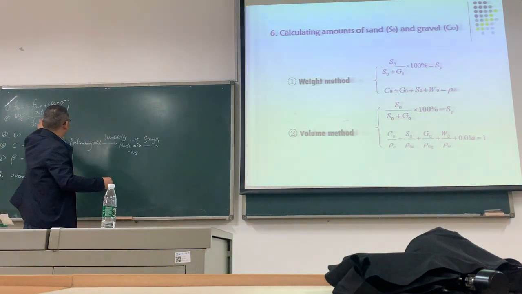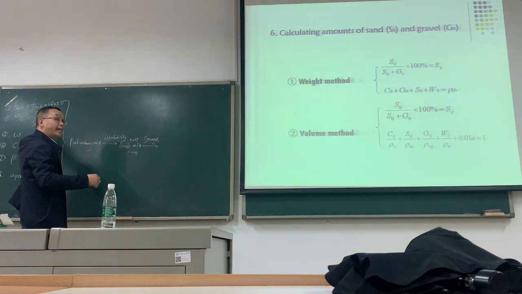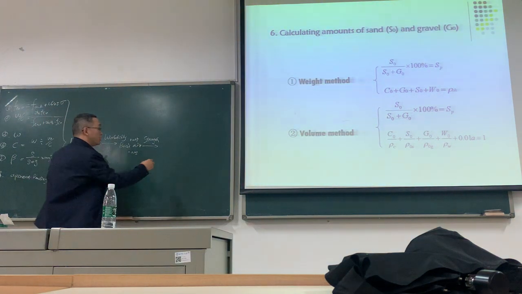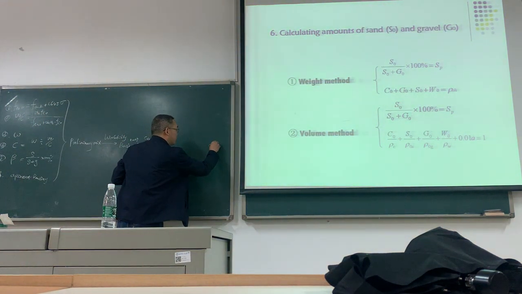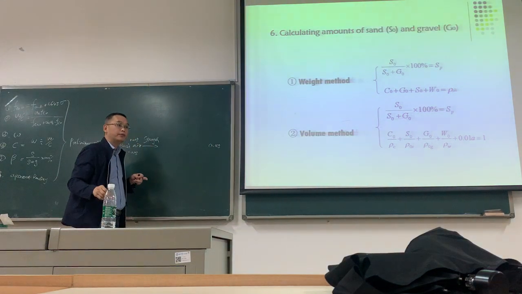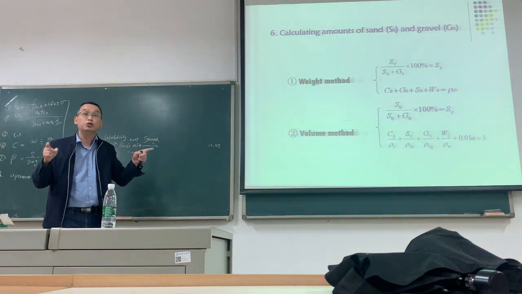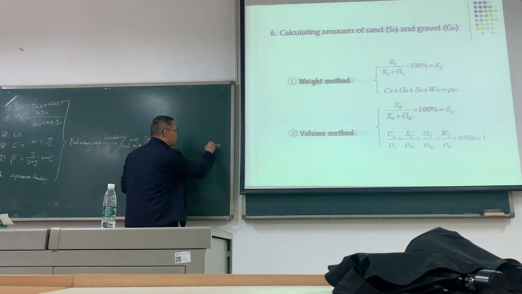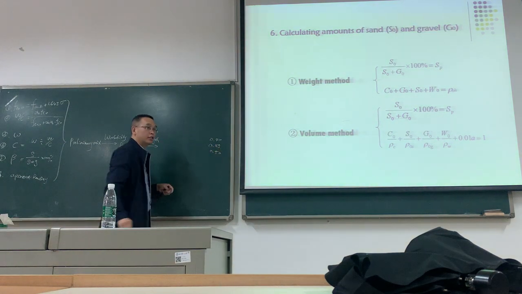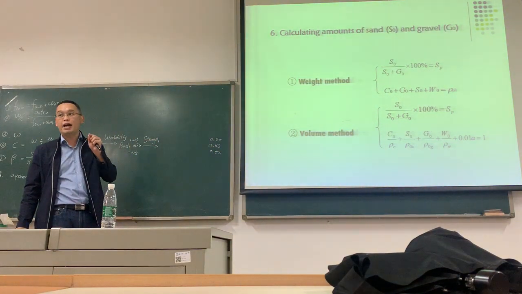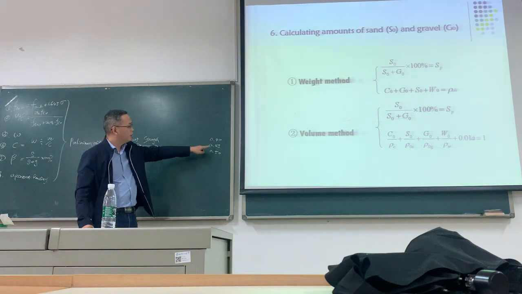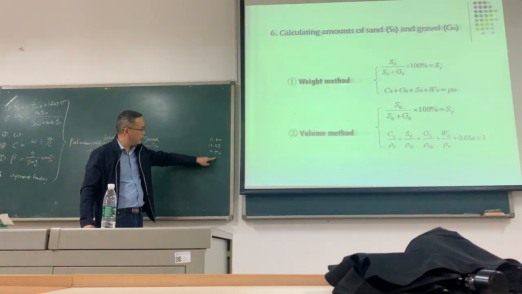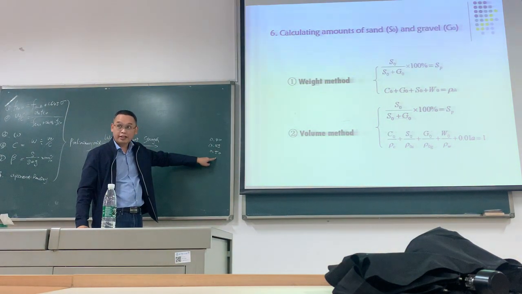If we calculate the water-binder ratio here, it is 0.45, and we need another 2. How about another 2? Plus 0.05 is 0.5.